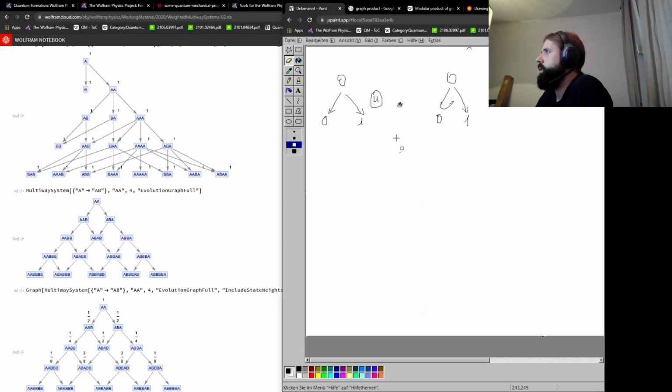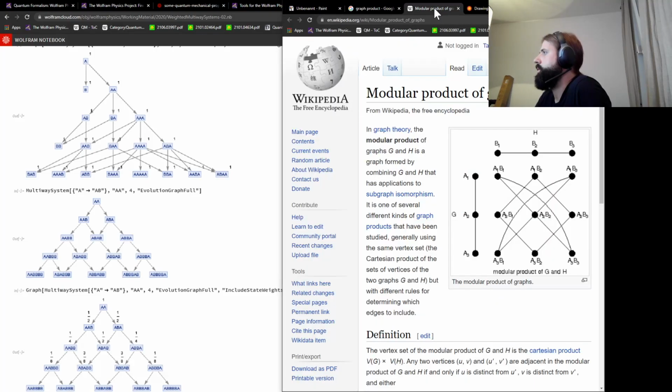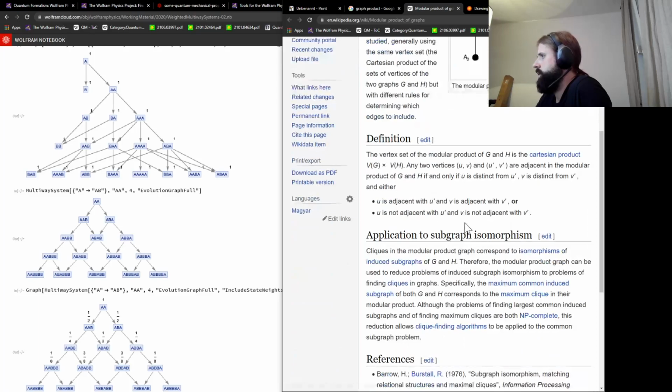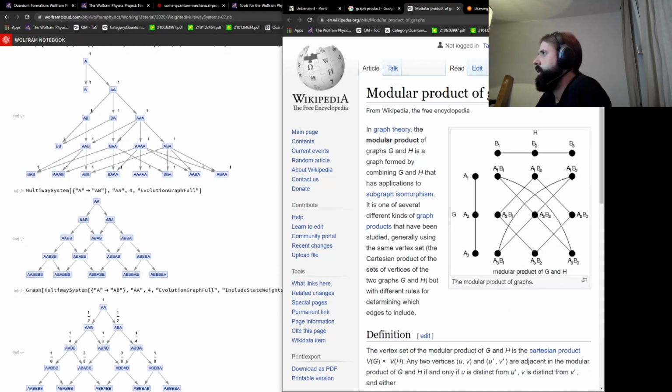Something's not correct, because you wouldn't want to multiply this one with this one, right? How would you go about connecting these? It's the modular product of graphs. That's not what we want.